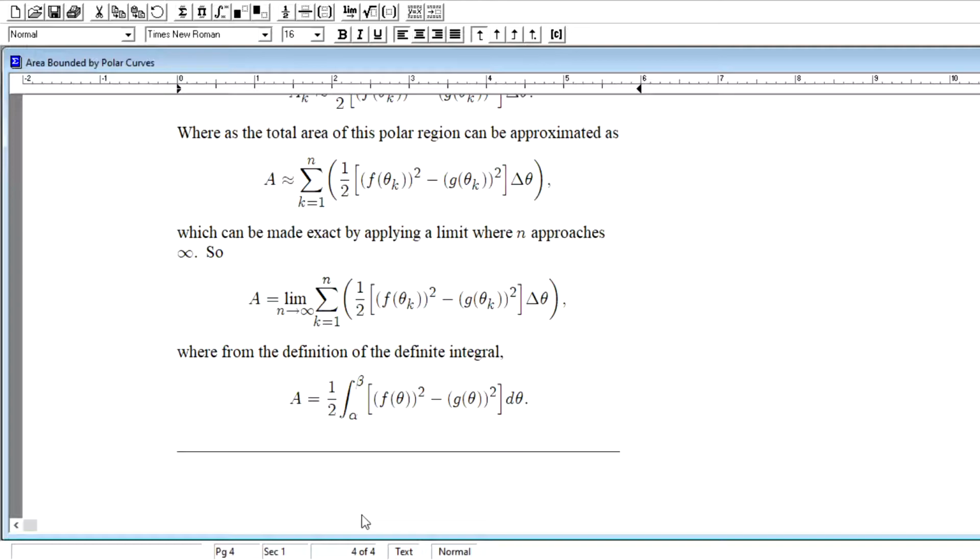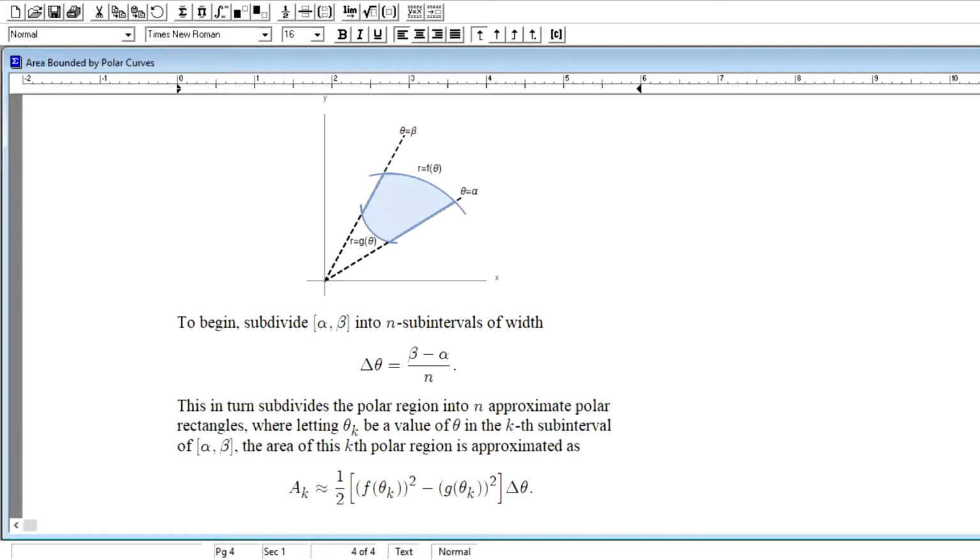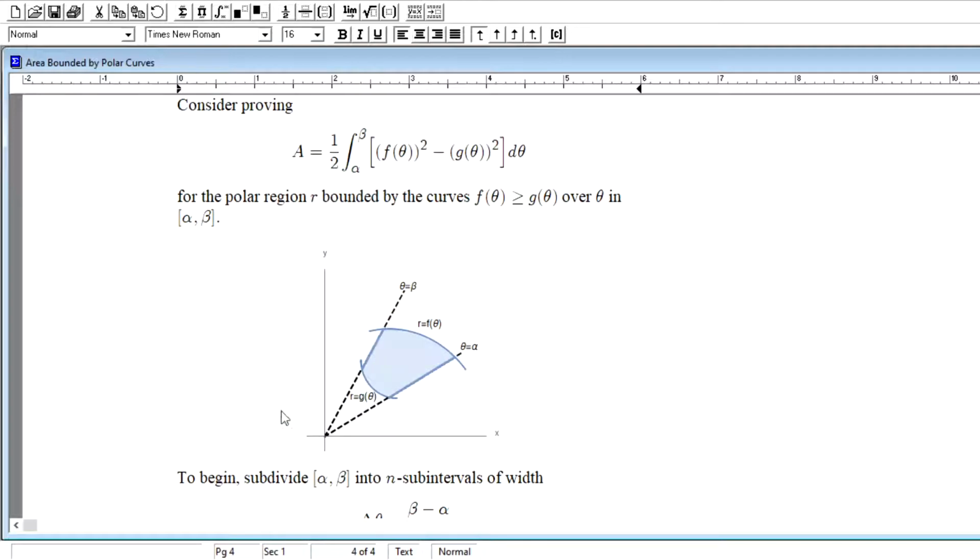And keep in mind, what we were looking at here was the area trapped within very generic polar regions, where we define the polar region as we've seen here in general. It is this region of space that's trapped between angle measurements of theta from alpha to beta, between polar curves f of theta and g of theta. F of theta is the outer bound, the boundary on this polar region furthest from the origin.